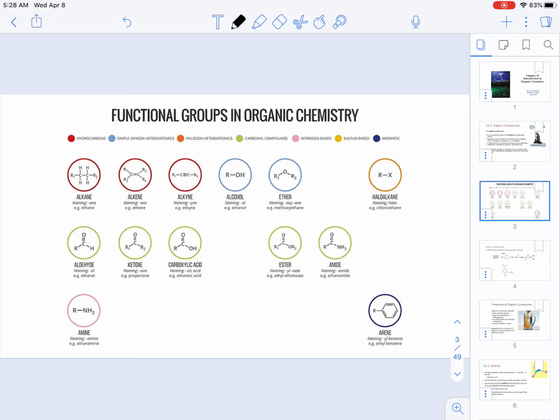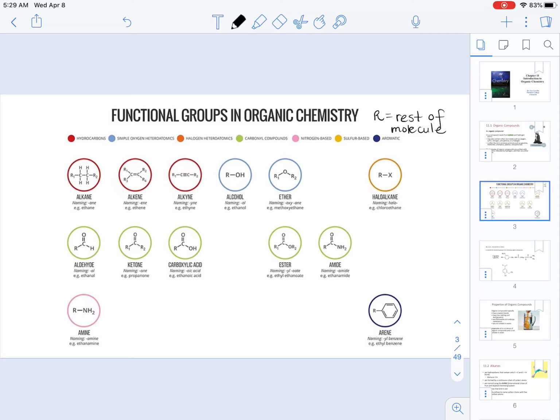Another thing that I want to specify is that you may see that many of these functional groups contain an R, and R stands for rest of molecule. In rest of molecule, understand that at times it means carbon atoms, and at times it is going to mean hydrogen atoms. So I will specify when an R is going to be carbon with hydrogens or just hydrogen by itself.